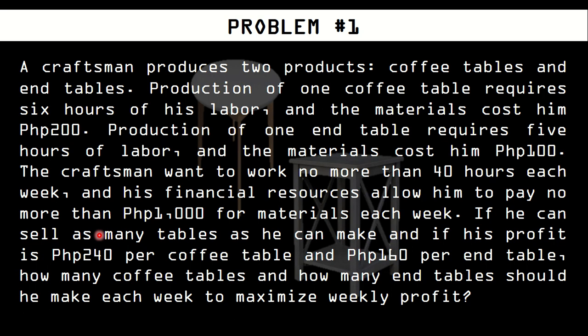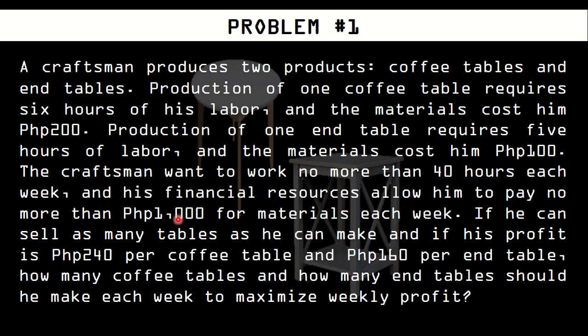While the production of one end table requires 5 hours of labor, and the materials cost him 100 pesos. The craftsman wants to work no more than 40 hours each week, and his financial resources allow him to pay no more than 1,000 pesos for materials each week.